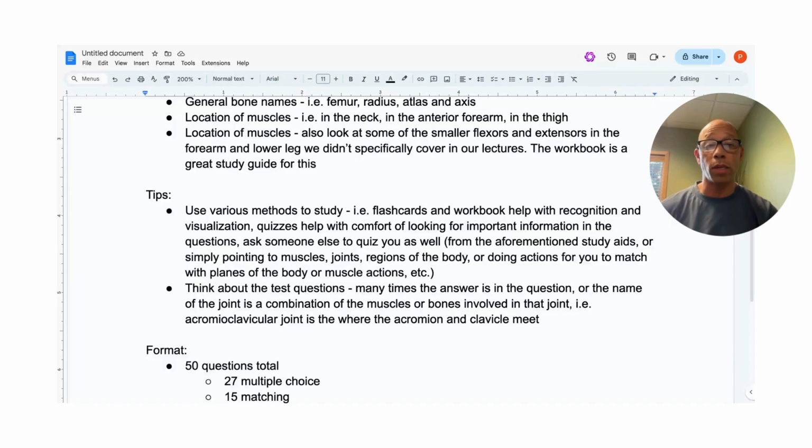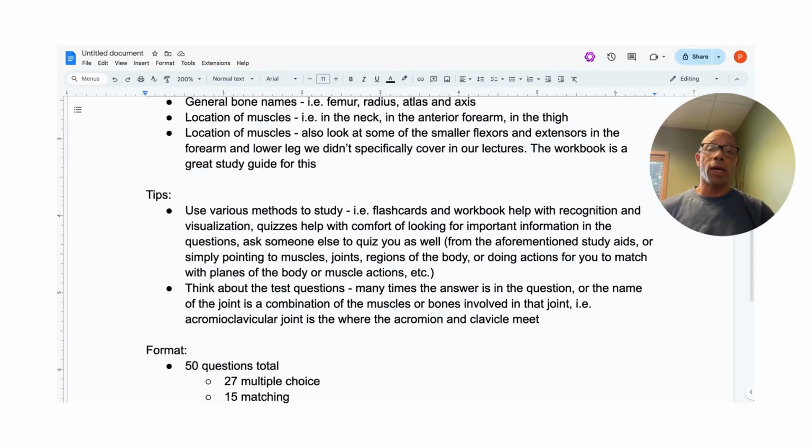You could ask someone else to quiz you from the quizzes that you have already, or maybe the person's simply pointing to regions of the body or specific muscles, and you have to name them back to them. Having someone else help you sometimes is really nice too.